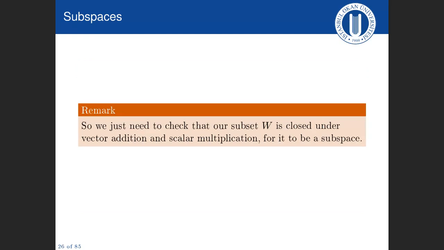So to say that another way, we just need to check that our subset W is closed under vector addition and scalar multiplication, and then we get the other 8 axioms free of charge, and we've shown that it's a subspace. We only need to check axioms 1 and 6.